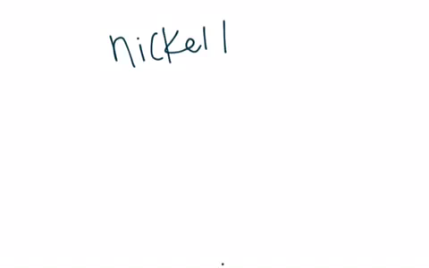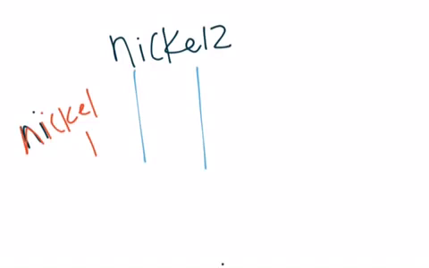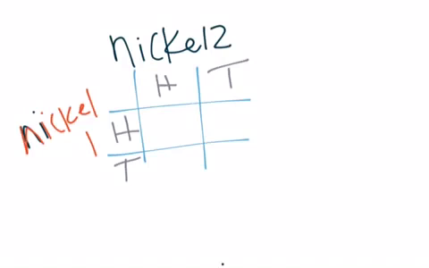Nickel 2 over here. We're going to set it up like this. So for nickel 2, we're going to have heads, tails. There's only 2 options there. Same thing for nickel 1, heads and then tails.